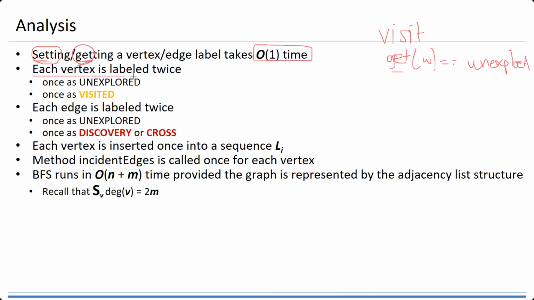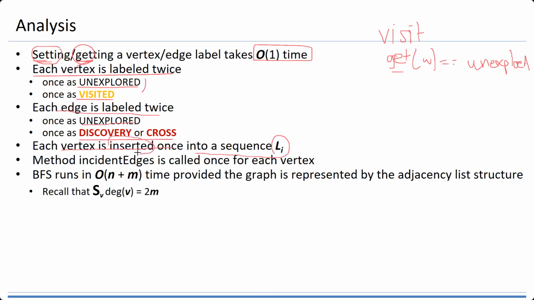Each vertex is labeled twice. The first is unexplored and the second is visited. So it means we have only 2 times. And each edge is labeled twice, whether it is unexplored or discovery or cross. Each vertex is inserted once into a sequence Li.